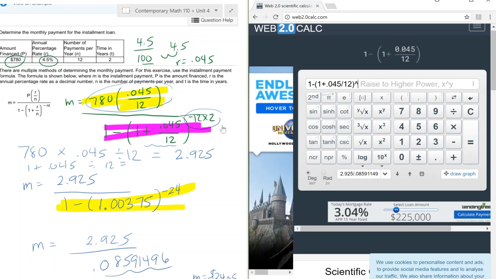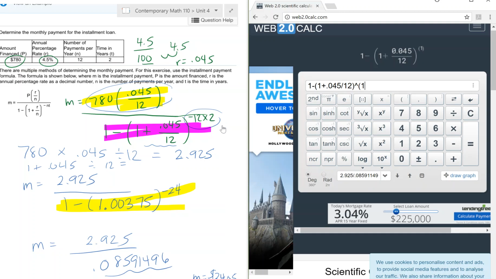You need to put this multiplication problem in parentheses. So I raise it to an exponent, and then I type open parentheses, and I'm going to do negative 12 times 2, close parentheses. So this is going to allow me to just get the denominator all in one step. So you can see it automatically gives me the 0.08591496 number that I got from solving in parts.